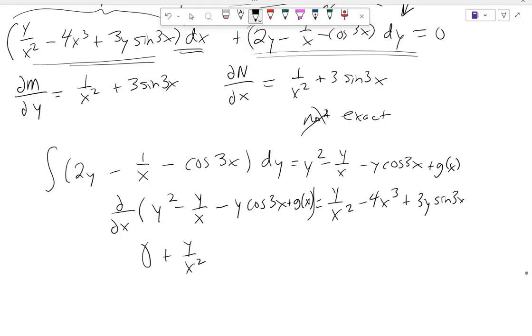If I did, it wasn't exact to start with, right? All right, so that was why I knew it had to be a positive y over x squared, because it's got to cancel with the other one on the other side. Derivative of the negative y cosine 3x, again, better be positive 3y sine of 3x, and it is, right? And then plus g prime of x.